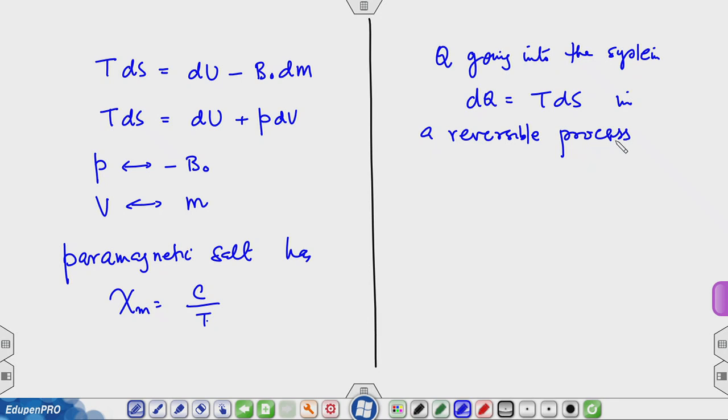So, what I need to do is calculate dS and integrate it, and then we are done, because then delta Q is T delta S, since T is constant.